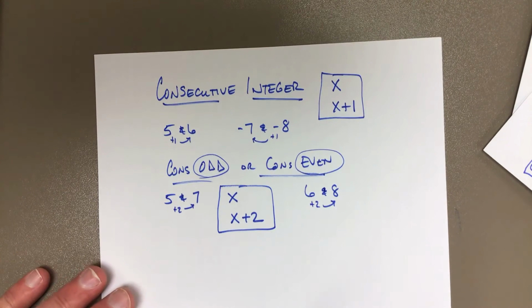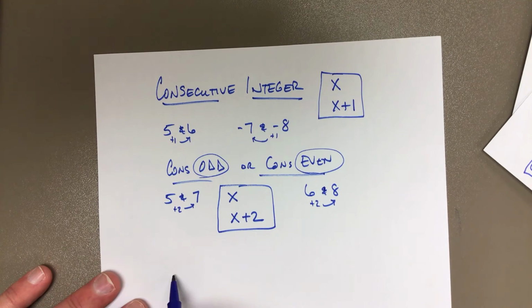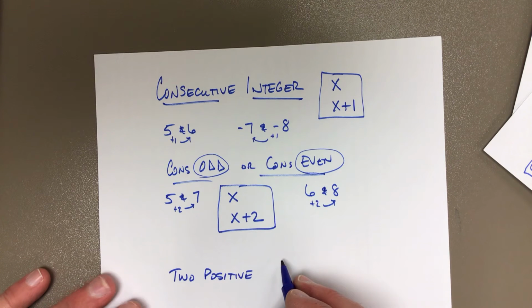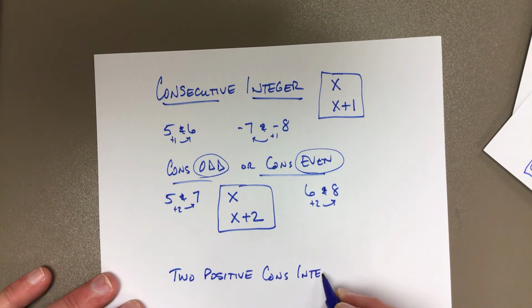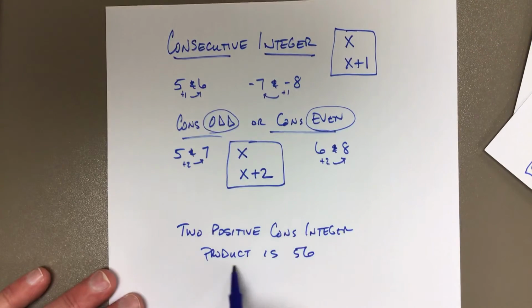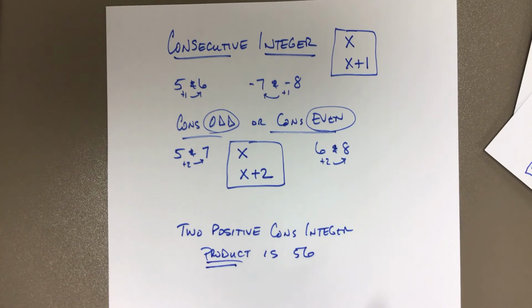All right, so if we want two positive consecutive integers whose product is 56. Product means multiplication.